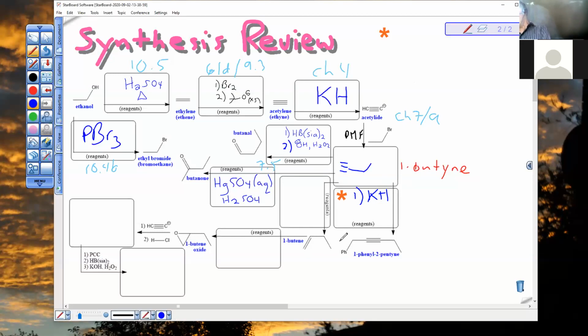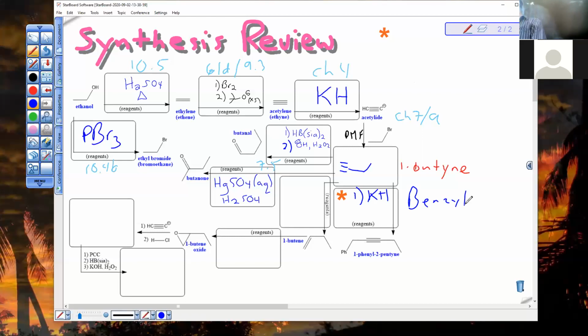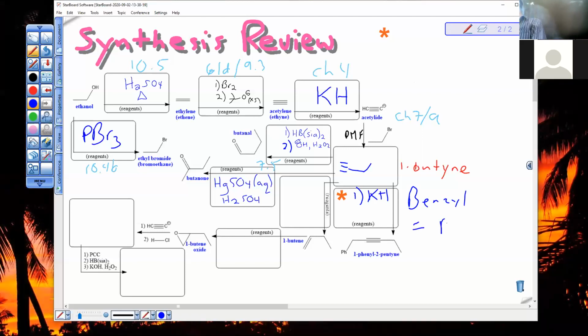And then I need to put what's called a benzyl group. It's not a phenyl. It has a phenyl in it. Phenyl with an extra C. Benzyl group. Might as well use benzyl bromide. And there we have our synthesis of our internal alkyne.